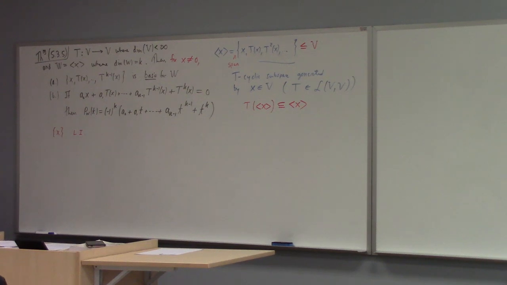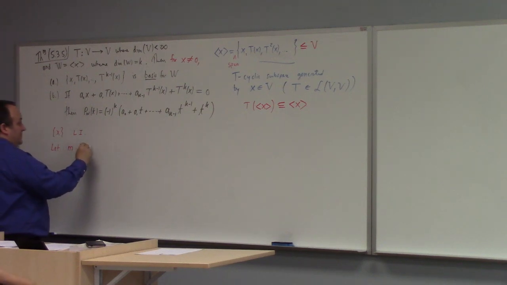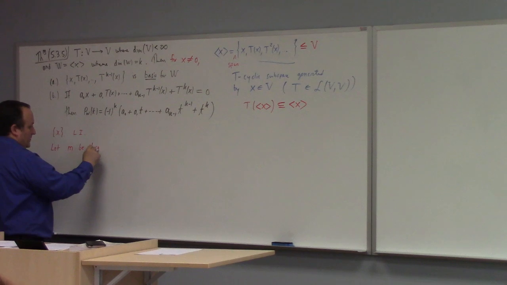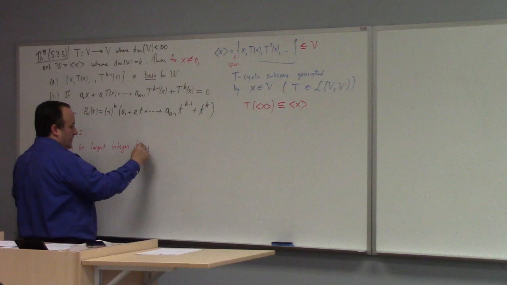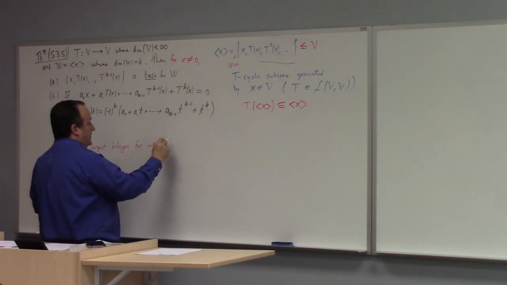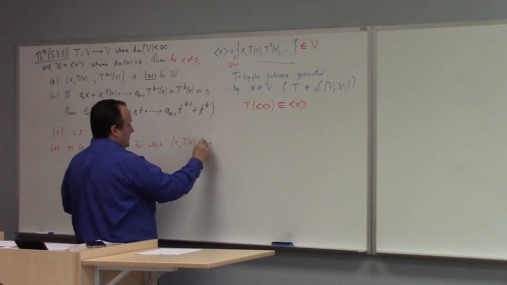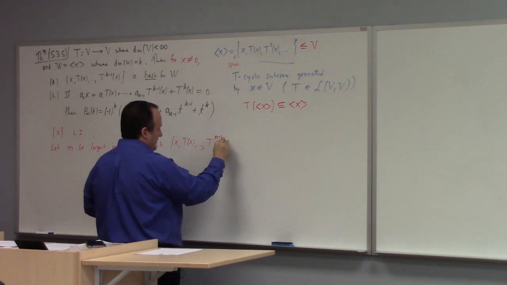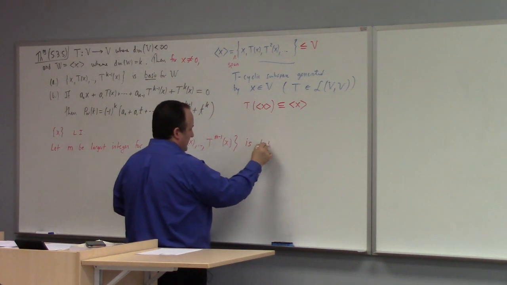And if that's linearly independent, then let M be the largest integer for which x, T of x, up to T^(M-1) of x is linearly independent.